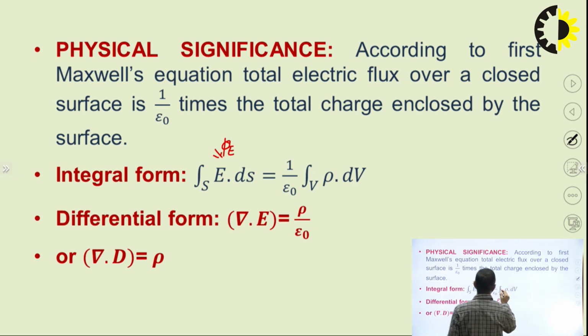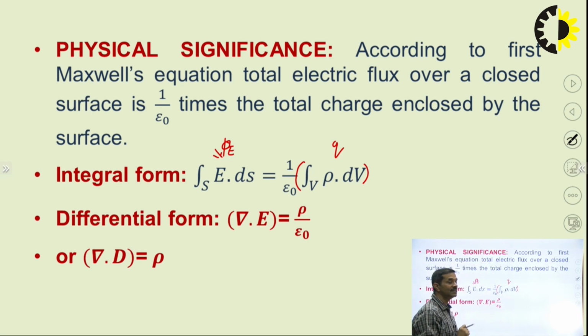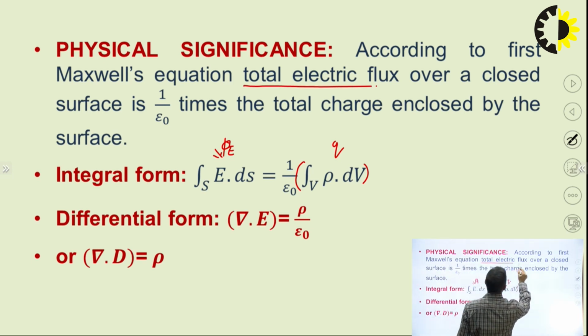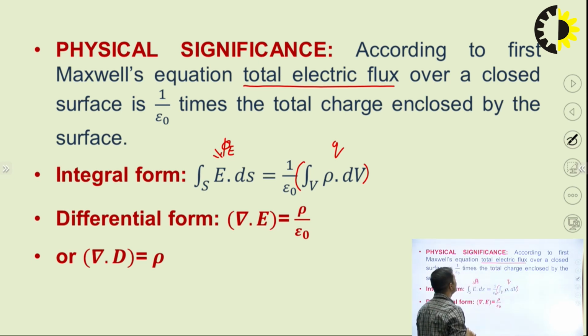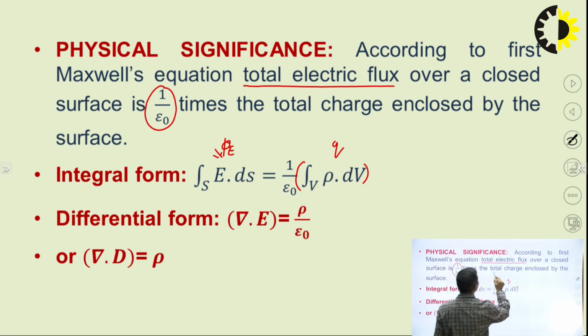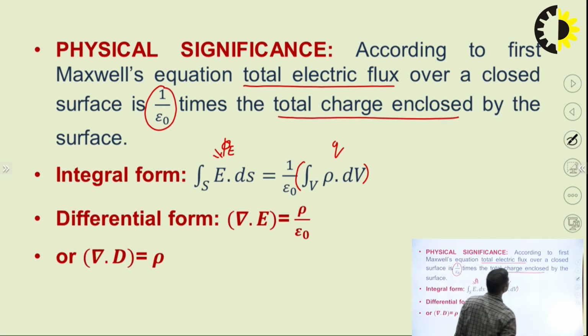This quantity basically represents the charge, meaning the charge enclosed within that surface. So the total electric flux over a closed surface will be equal to 1 by epsilon naught times the total charge enclosed by that surface.